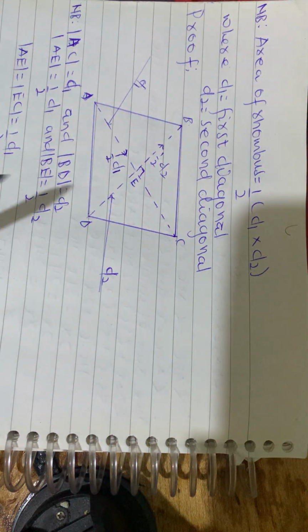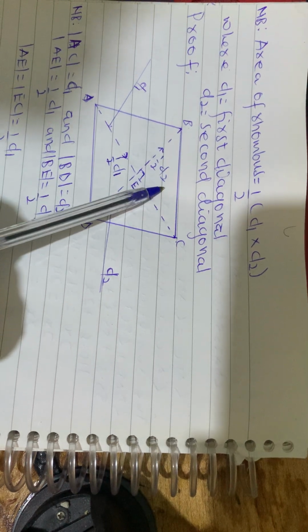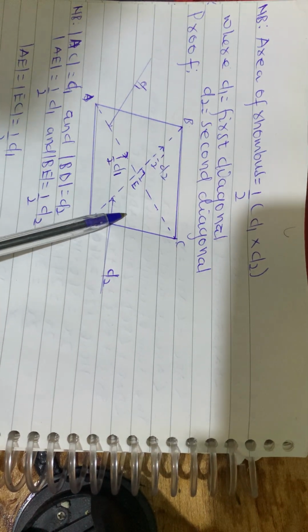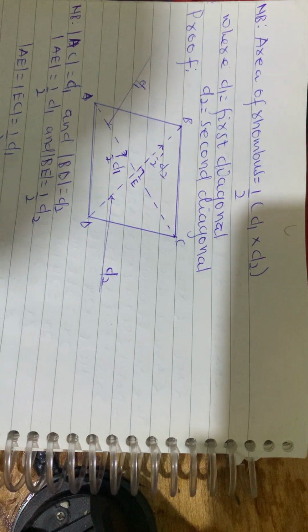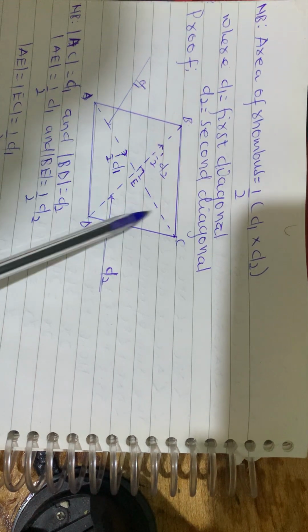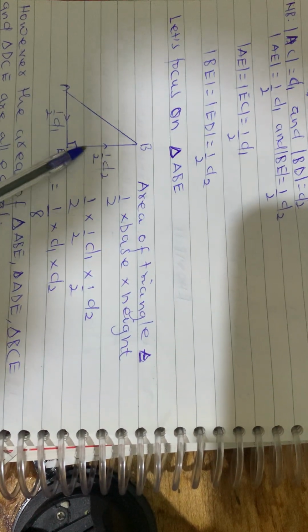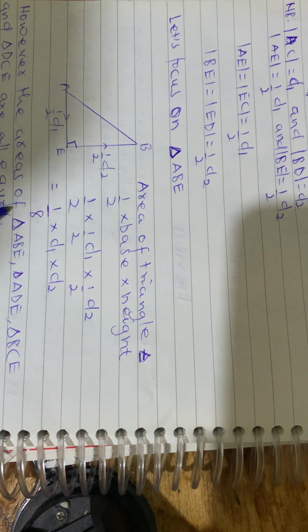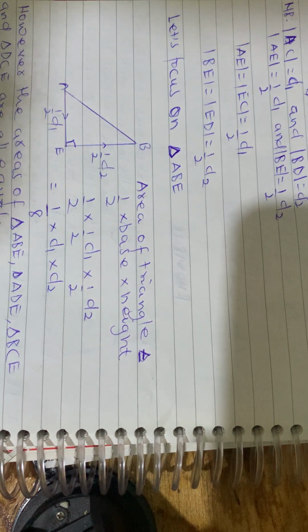Their area is the same. So if this is 5 centimeters squared, the area for this is also 5 centimeters squared, and the area for this is also 5 centimeters squared. So we have 4 triangles inside this rhombus. Now we have taken one of the triangles, and the area is 1/8 times first diagonal times second diagonal.